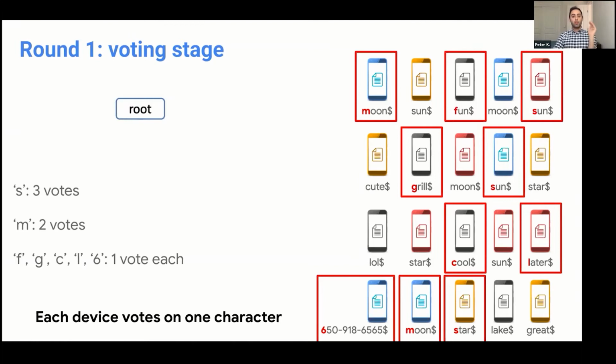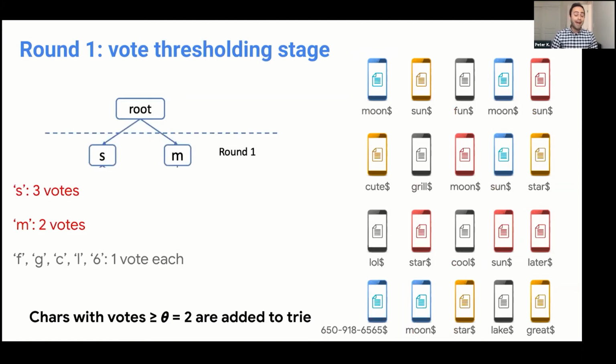The third step of this round is to only keep the popular ones. So we're going to threshold the counts of the characters that we got. In this case, I'm choosing a basic simple threshold of 2. In practice, we set it to a much higher number, maybe 20 or 30, depending on the application we're focusing on.